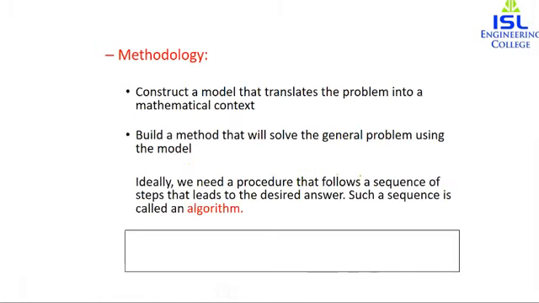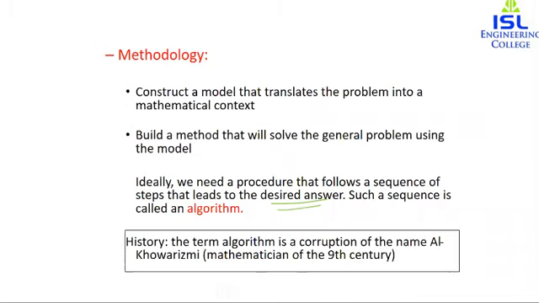And we need a procedure that follows a sequence of steps that leads to the desired answer or to our solution. Such a sequence of steps is called an algorithm. Now, where did the term algorithm originate? It was from a mathematician known as Al-Khwarizmi. His name has been corrupted or changed to get the term algorithm.